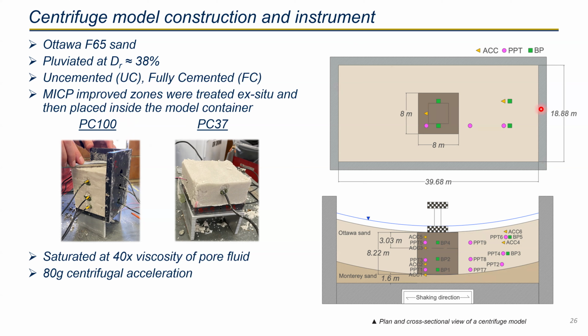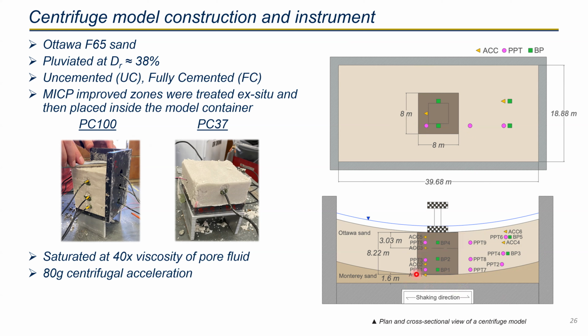And this is the plan view of our container. You can see this light brown indicates the loose layer, and this dark brown indicates the MICP treated block. And you can see we have an 8 by 8 meters MICP block in the center of the container. If you look at the side view, in the lower figure, for the PC100, we treated the MICP up to 100% of the liquefiable layer.